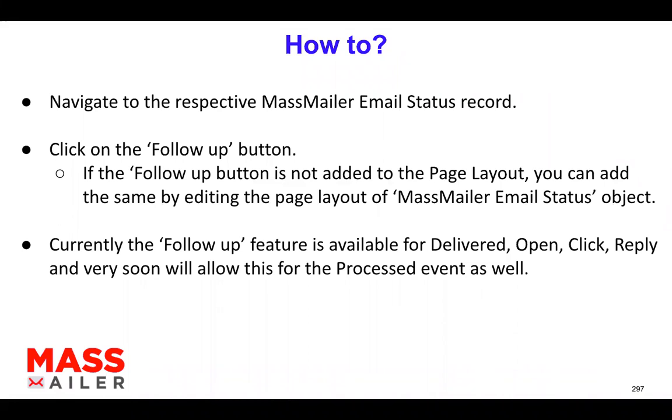So how it's going to work, I'll demonstrate that to you. But it's very important here, which I want to highlight, that the Salesforce activity record must be there in the system. There's an interconnection between the MassMailer email status, the activity record, and the outreach.